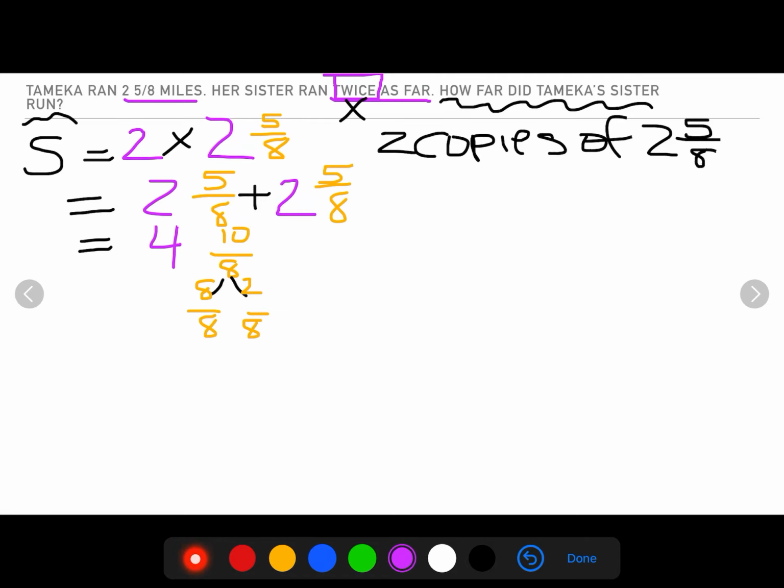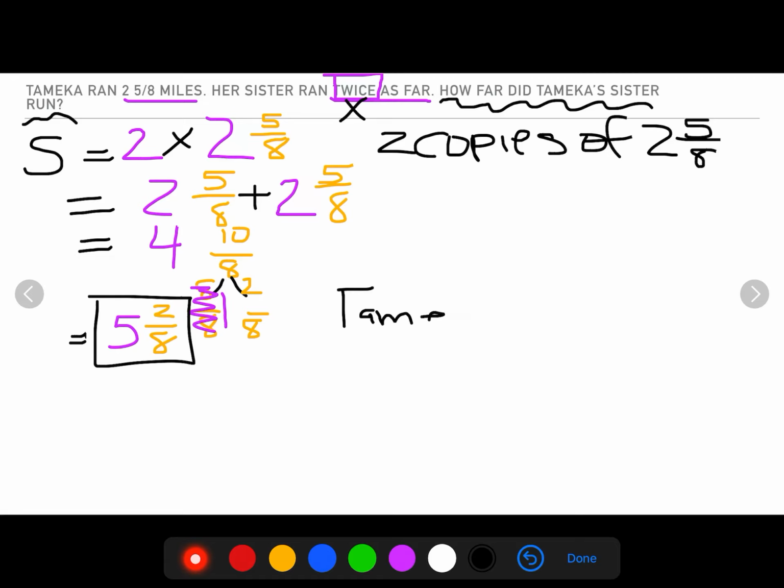Don't forget to rename 8/8 as a whole number, so we're renaming it as 1 whole. 4 10/8 is the same thing as saying 4 plus 1 2/8. So what's my product? That's right, 5 2/8. 5 2/8 is the total distance that Tamika's sister ran. So Tamika's sister ran 5 2/8. Let's try another problem.